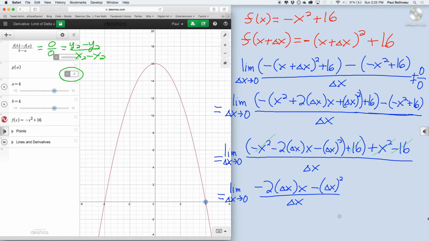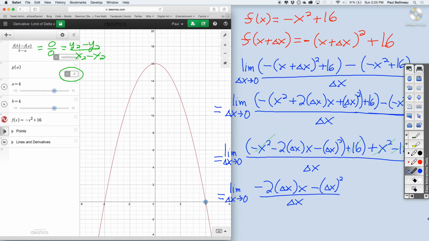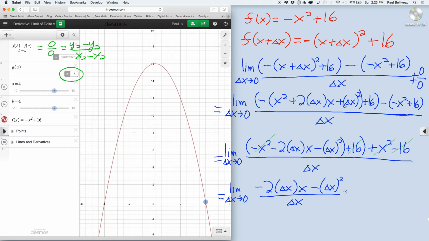Now how is that helpful? It's not yet. If I let the dog off the leash here, delta x times negative 2 times x will be 0, because delta x will then be equal to 0, minus 0 over 0. Still not helpful, but very, very close to being helpful.